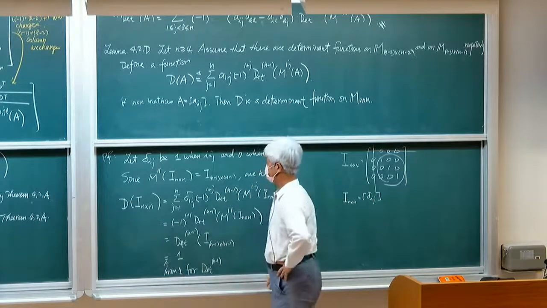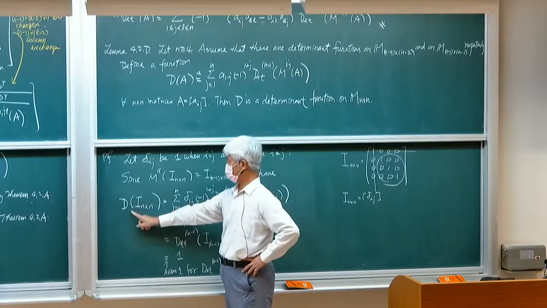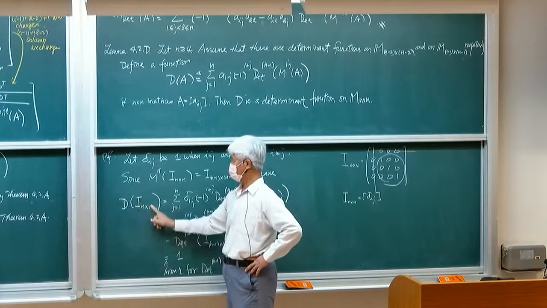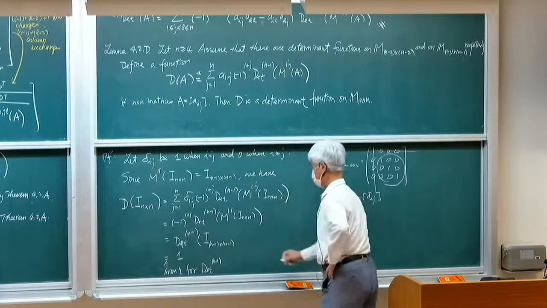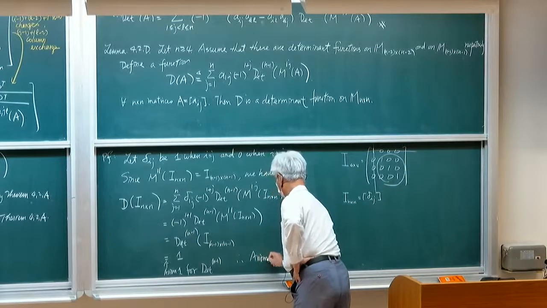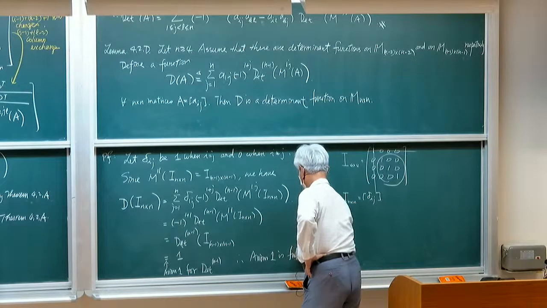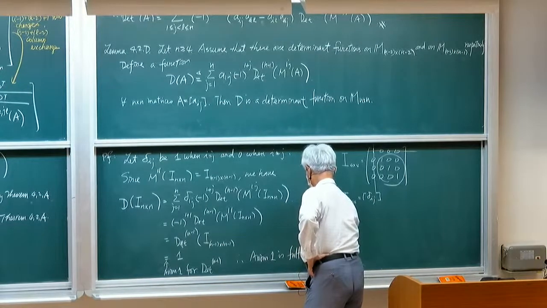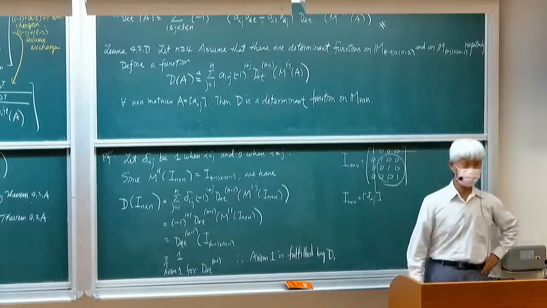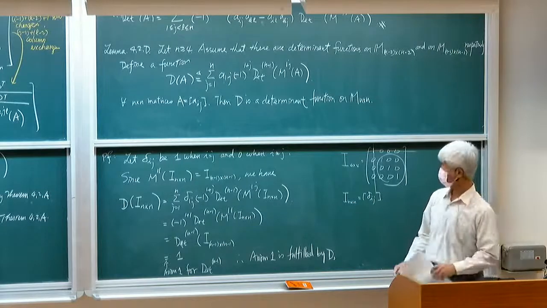So now the function value of D at the n times n identity matrix is equal to 1. So axiom 1 is fulfilled by D. This is the first step, a very simple step.